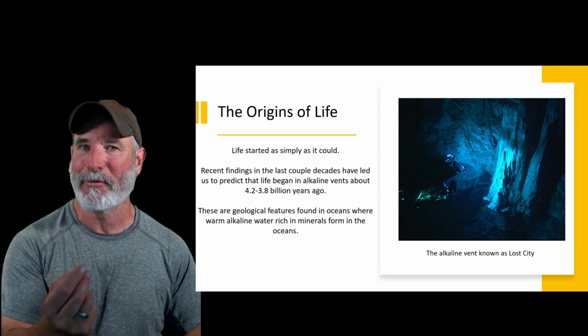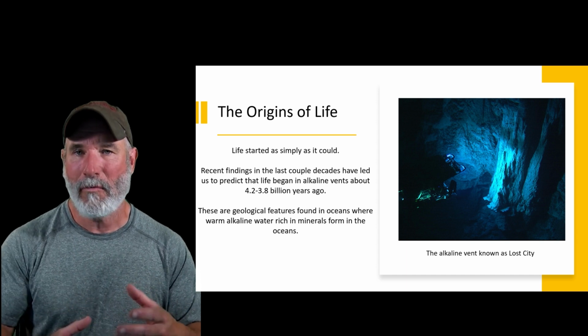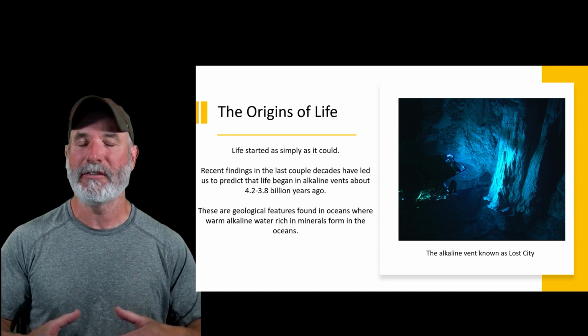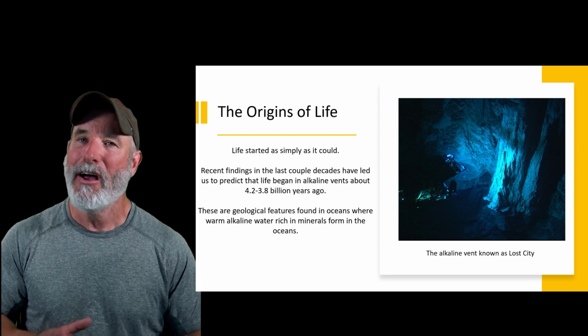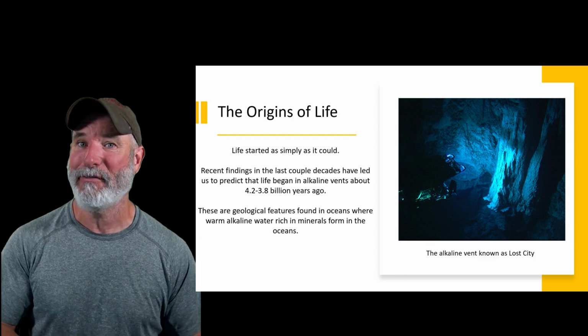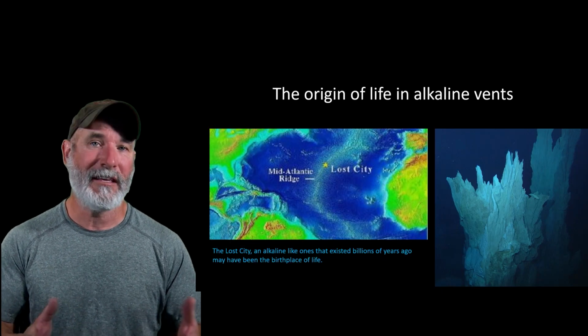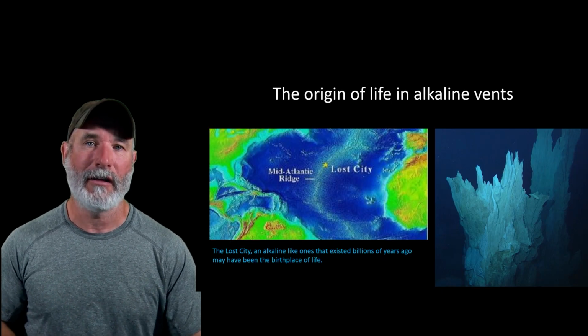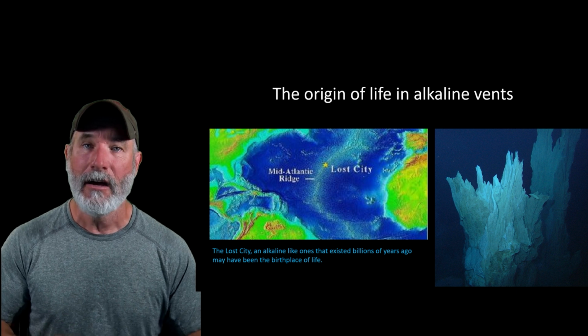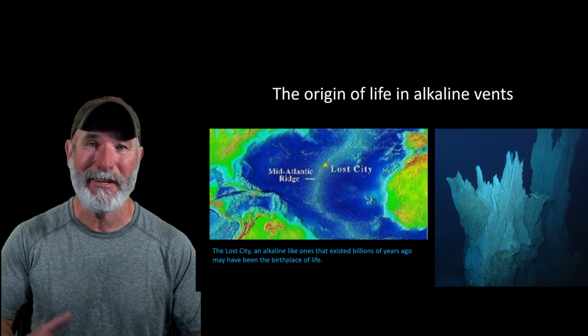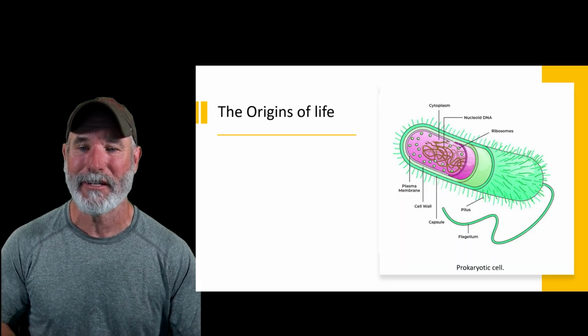And there's tiny little reaction chambers in there that we think help concentrate the geochemistry, building up into some biochemistry. We don't know exactly how geochemistry transitioned to biochemistry. We don't know, but we think it may have happened in an alkaline vent like this one here in the Lost City, which is found in the bottom of the Atlantic Ocean near the Atlantic Ridge.